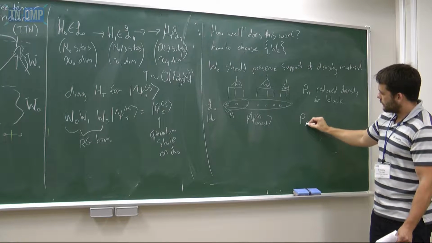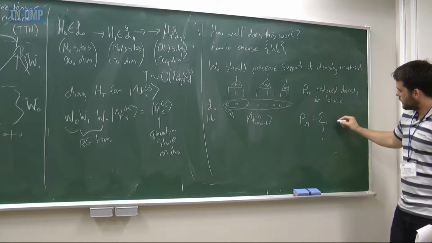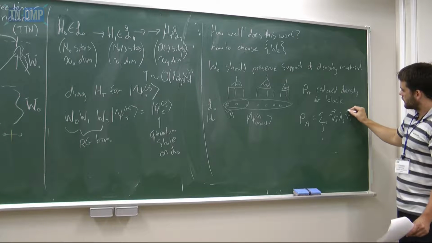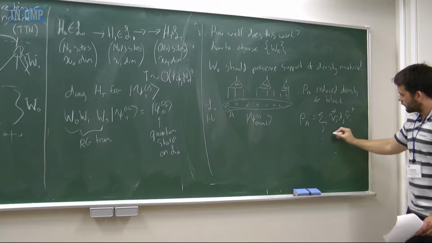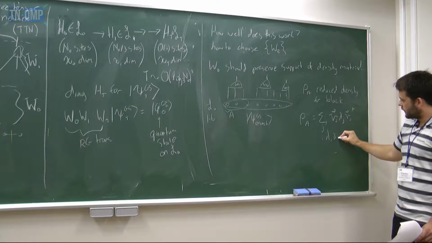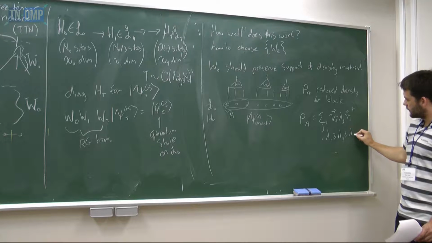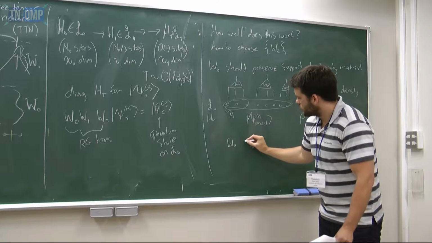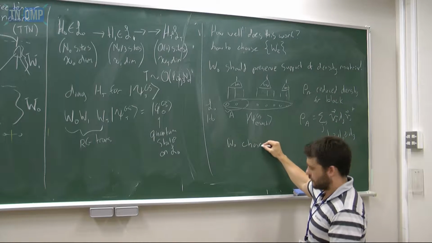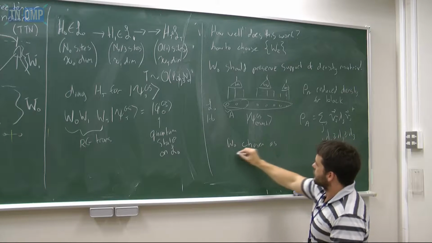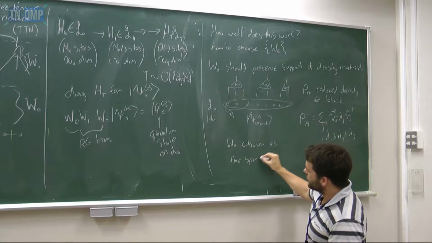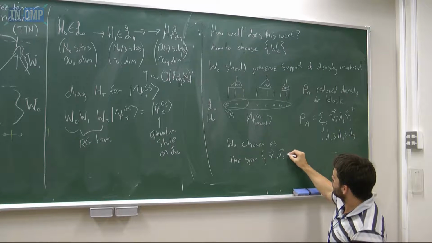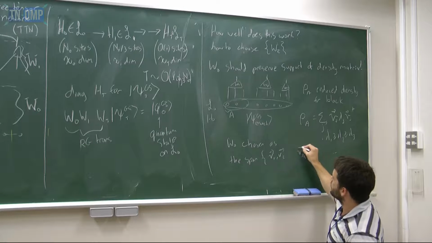If rho A has an eigendecomposition, sum over j, Vj, lambda j, Vj dagger, where I've ordered my eigenvalues in descending magnitude, then W naught should be chosen as the span of the dominant eigenvectors, V1, V2, up to V whatever chi I'm using.